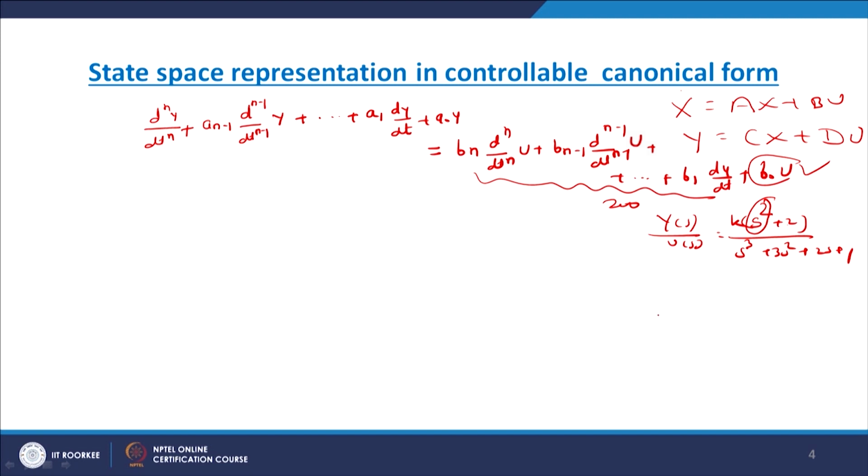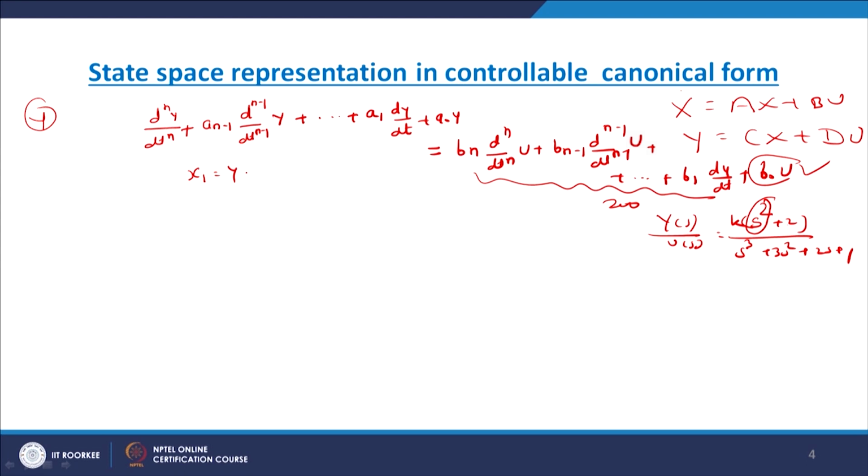Now, we go for our strategy. Our strategy says you have to consider the output as the first variable. Here the output is y. So, the first variable we can write as x1 equals y. That is our first variable, and now the strategy says the remaining variables are the derivatives of the output.